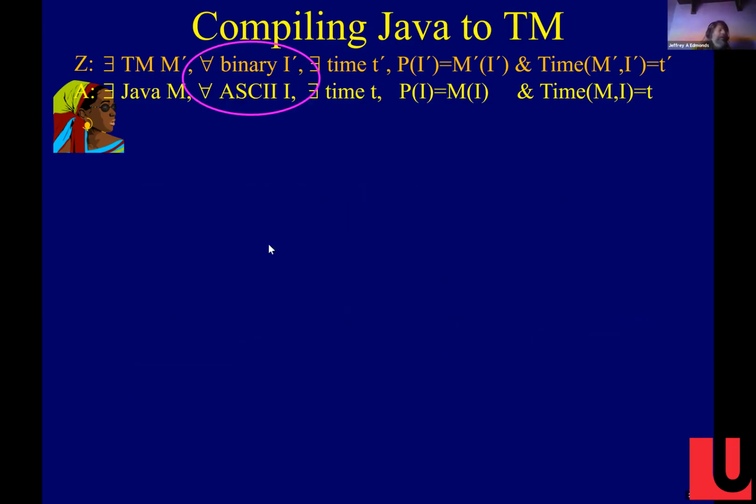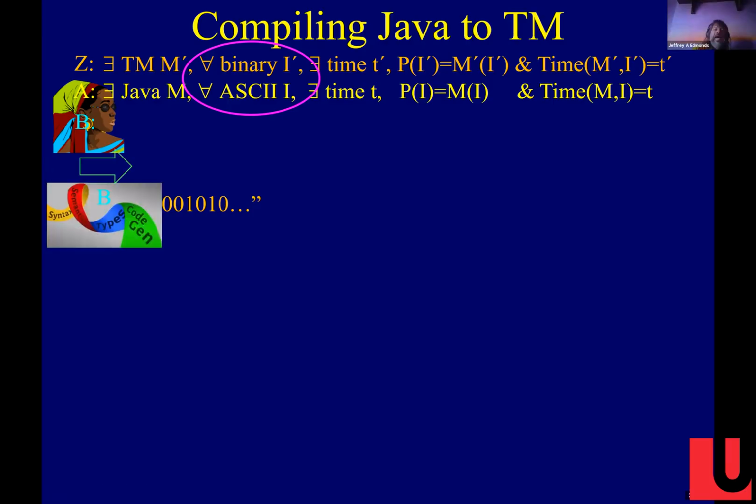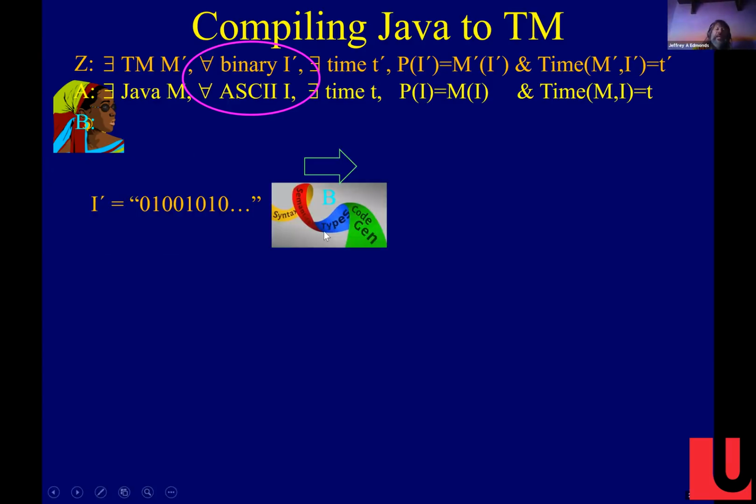All right. So let's go on and think about the difference between binary and ASCII. You might not have known the difference between binary and ASCII, so let's look at that. That is a binary string, a string of zeros and ones. And we can have a compiler or a function, a translator, that takes this binary string and outputs an ASCII string.